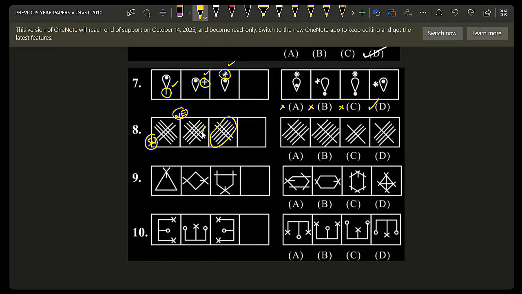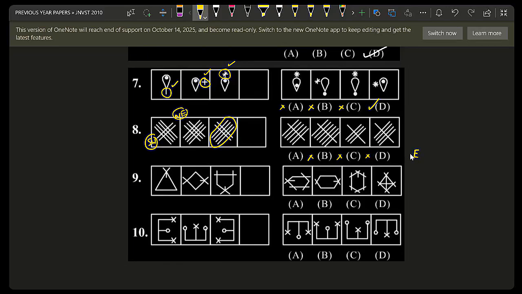Imagine this line is not there, and now everything works smoothly: two lines, three lines, four lines. Next we expect five lines. Five lines are available in A, but B has six, and C and D are eliminated. Only A is left, so A would be the correct answer.